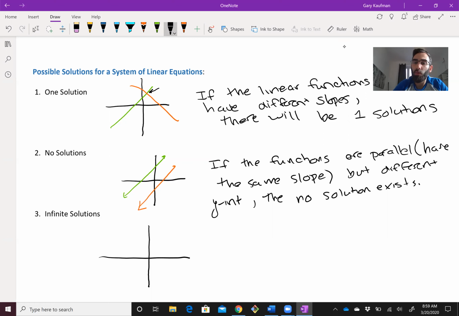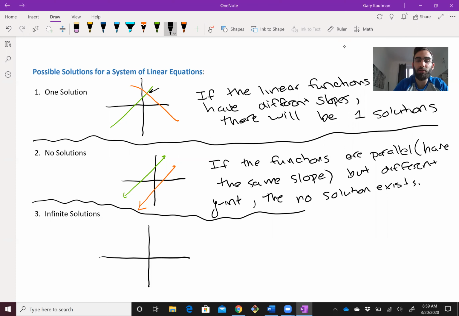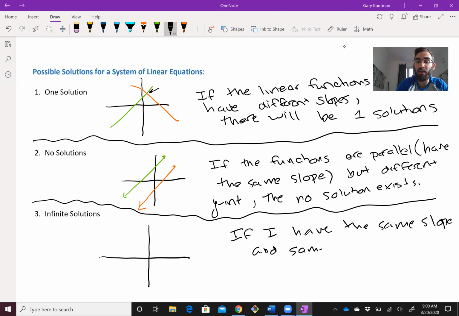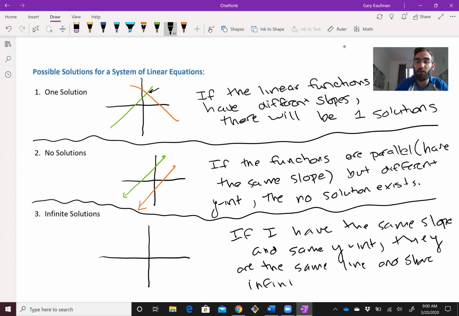Well, I specified that on purpose because for infinite solutions, if I have the same slope and same y-intercept, they are the same line and share infinite solutions.